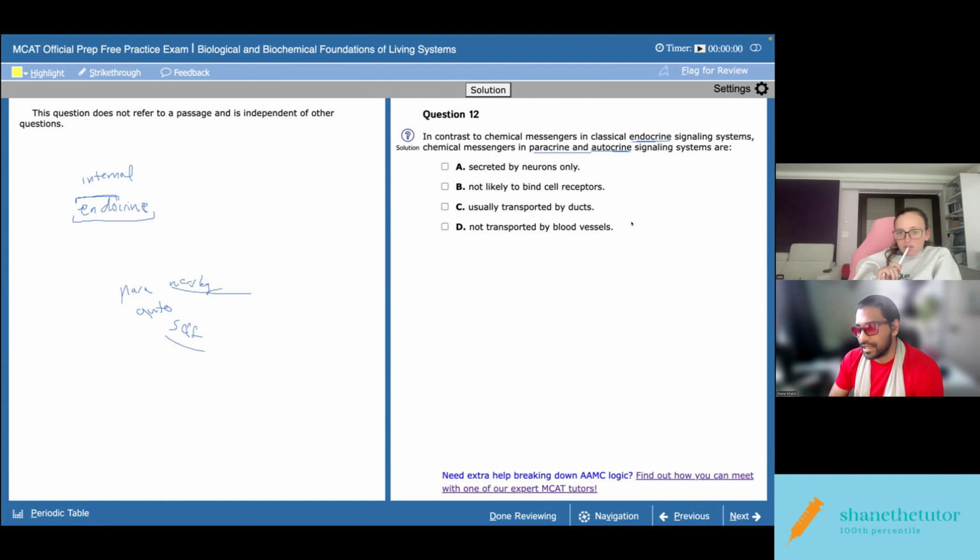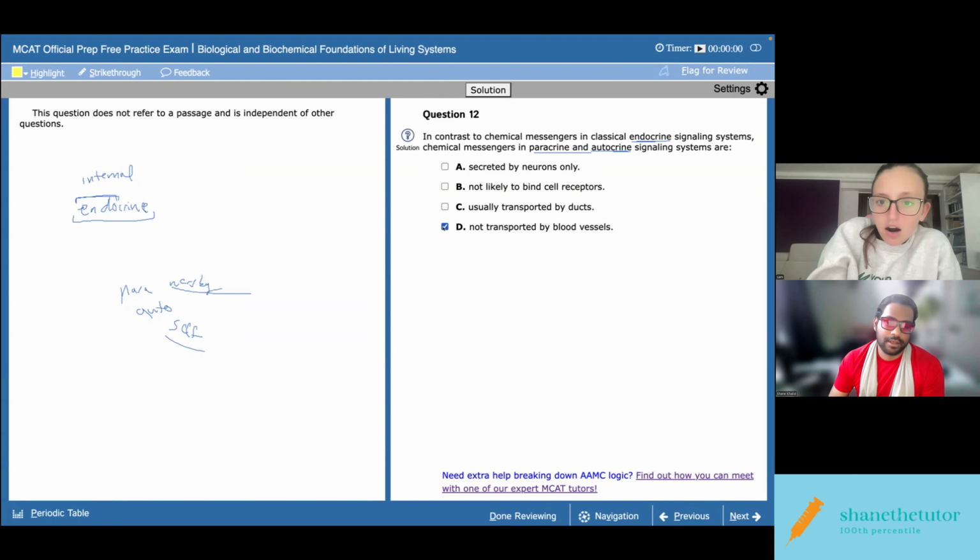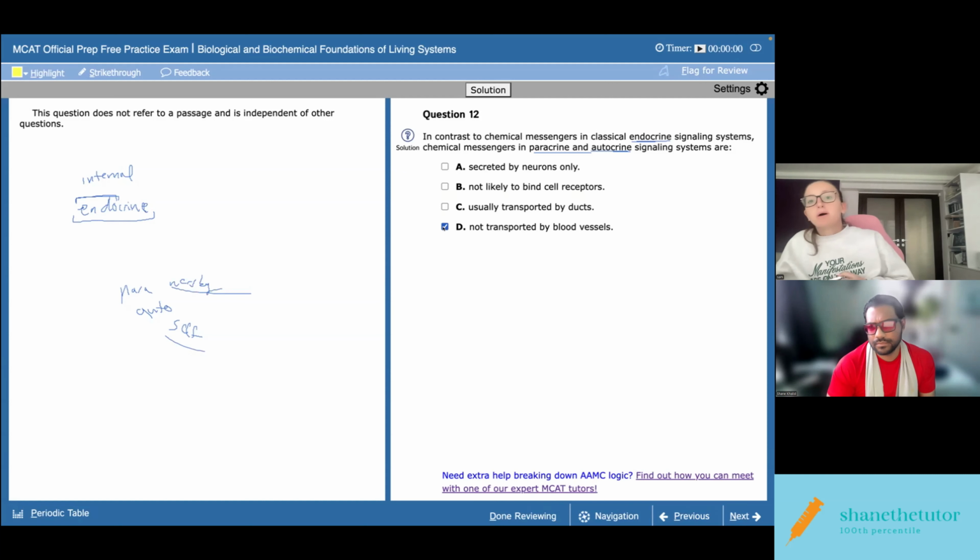That could be one of the things that it can do. So if it's not distant, then those two wouldn't be transported by blood vessels. That's why blood vessels make sense.